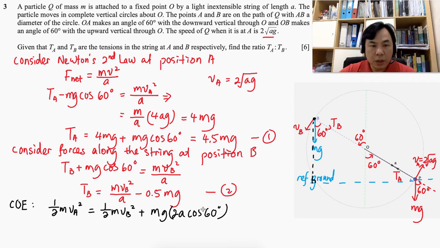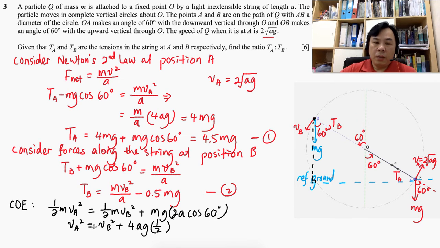From here, we can simplify along the way. So if I simplify, I will get vA squared the same as vB squared plus, because I removed the 2 already and the m can be removed, 4 AG, yes, correct. And then cosine 60 is a half. Now that's what I have.